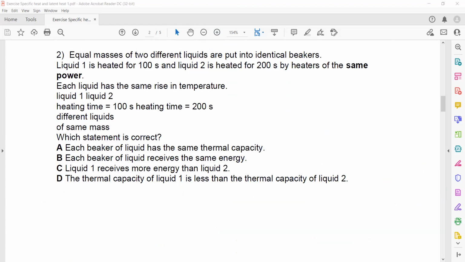The next question: we have equal masses of two liquids. For example, we have two containers which are filled with equal masses of the liquid.